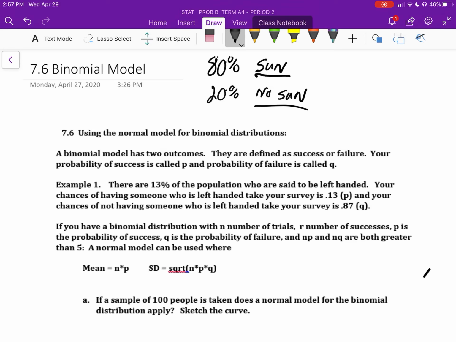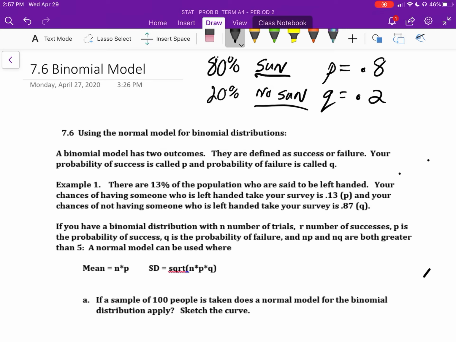So we would call this P, our probability of it happening would be 0.8, and the probability of it not happening would be 0.2. So the thing about a binomial distribution is P and Q always have to add up to 1. Okay, so whatever you're looking for, if it doesn't happen, that's the rest of the probability.